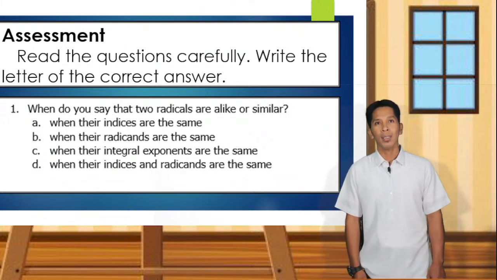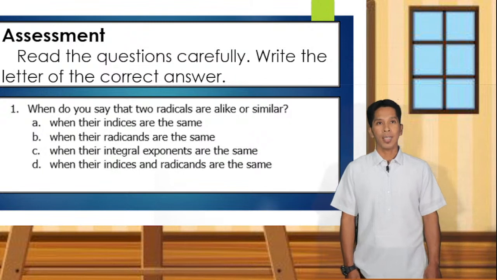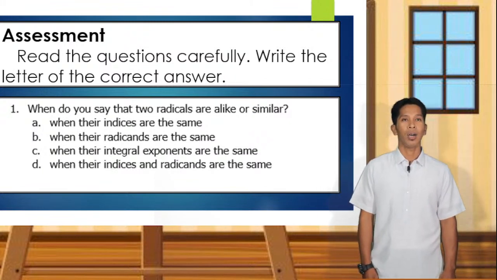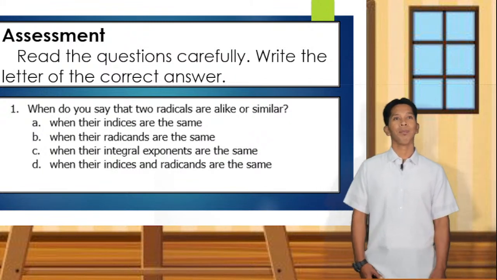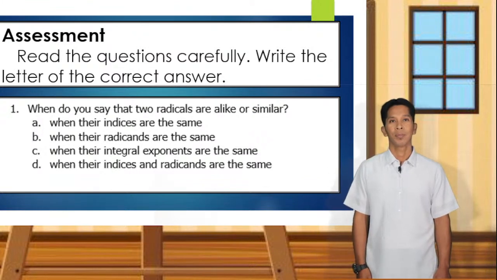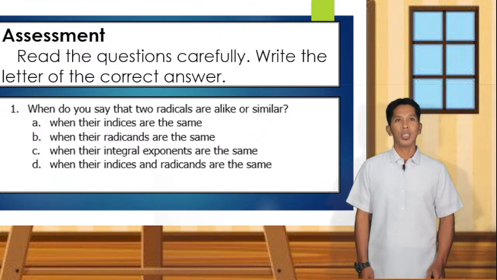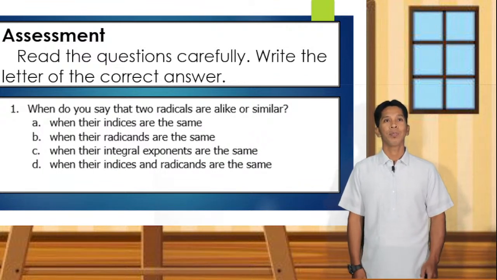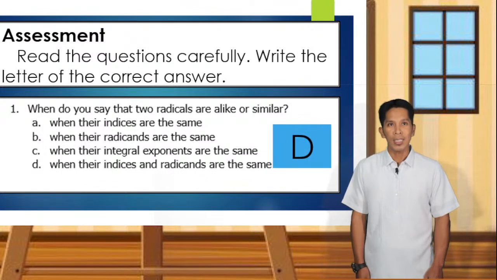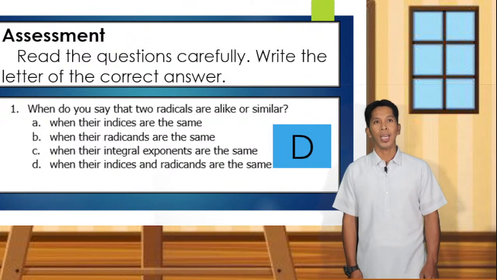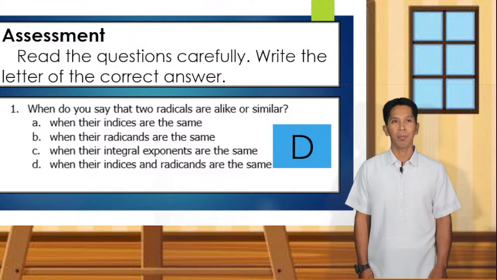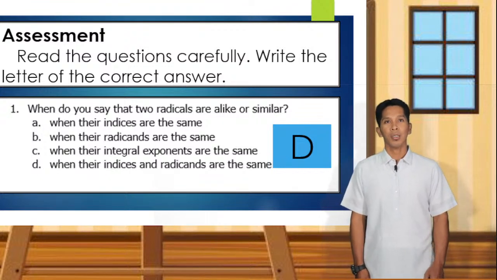And the last one, letter D, when their indices and radicands are the same. Okay. The correct answer, number 1, is letter D, when their indices and radicands are the same. Let's have the second question.